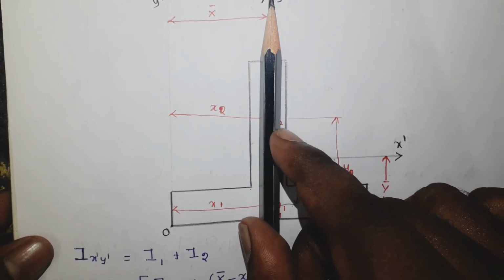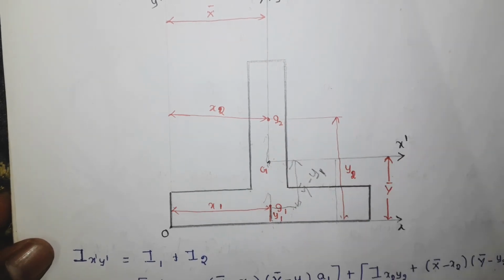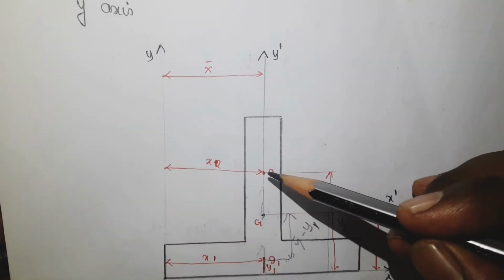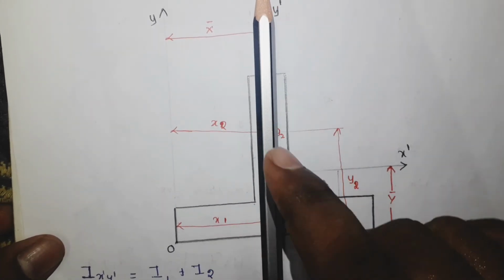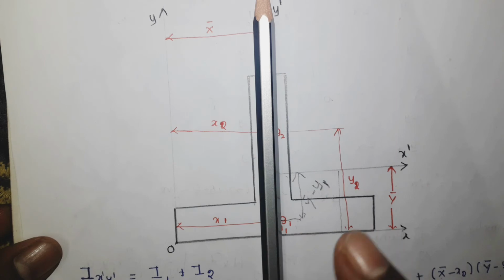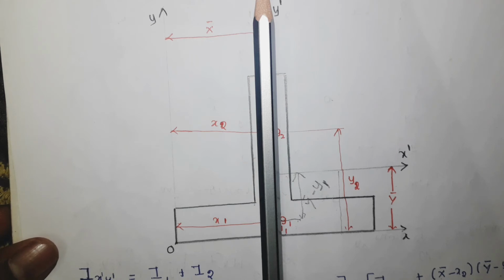This is the centroidal y axis, and with respect to this axis both sides are similar, so it is axis symmetrical with respect to the centroidal y axis. If it is axis symmetrical with respect to any one of these axes, then the product moment of inertia will be 0. We discussed this in the last video also. Now it is proved.